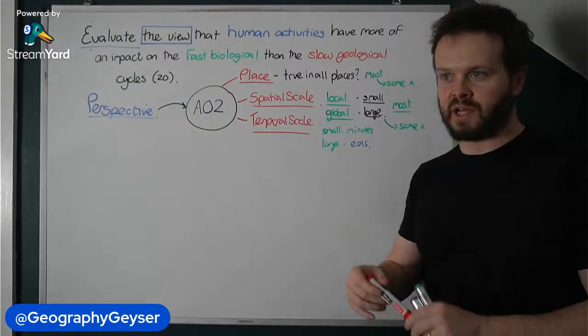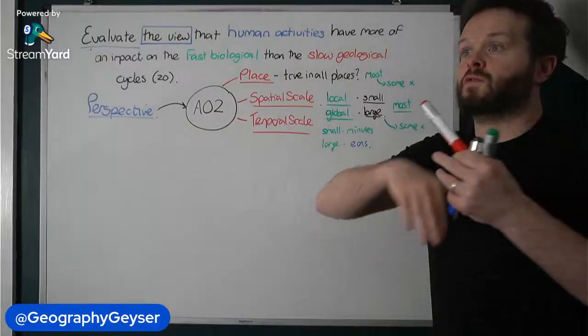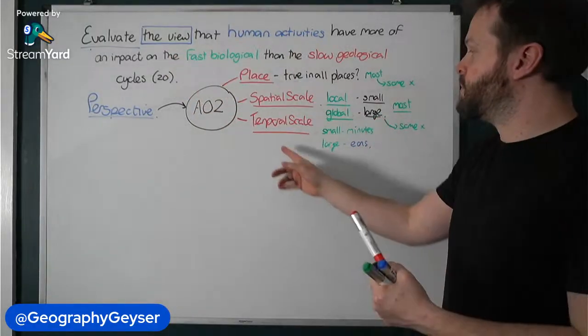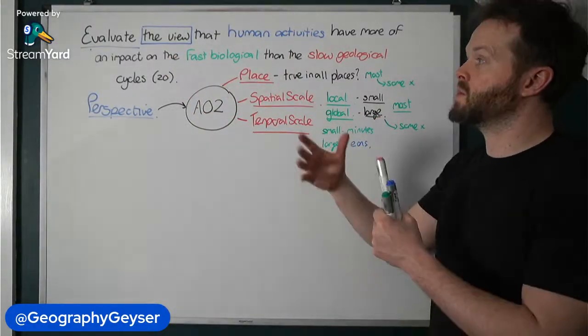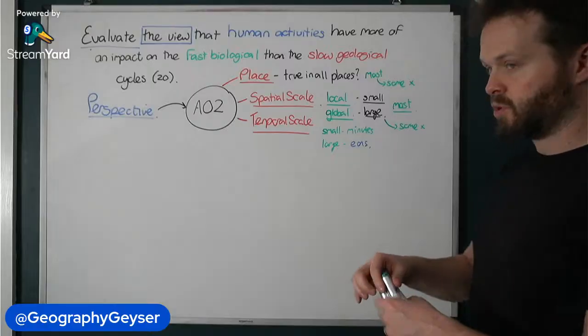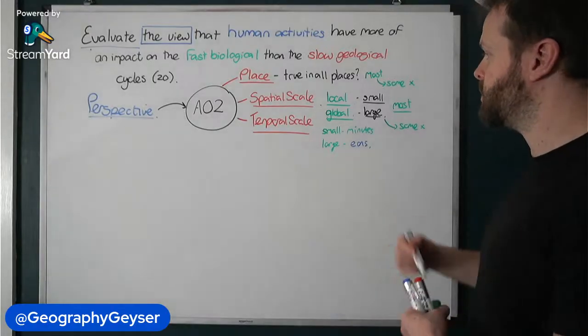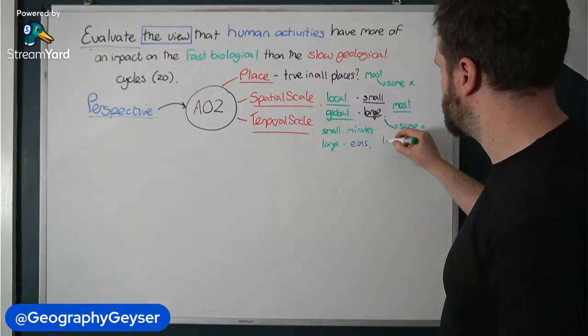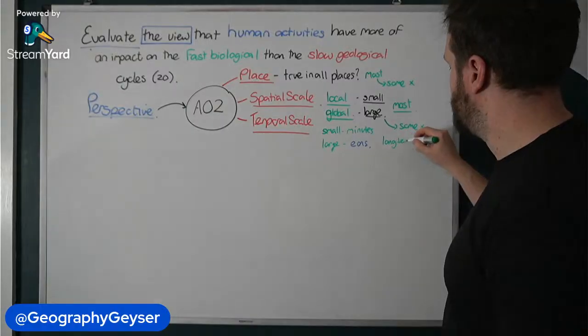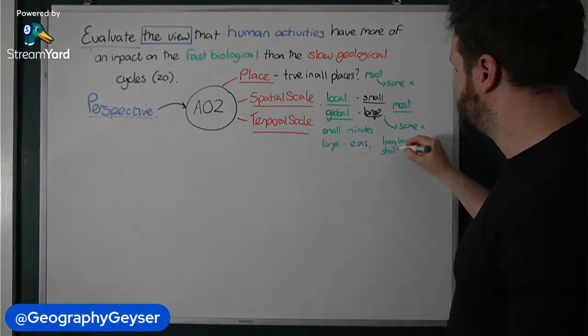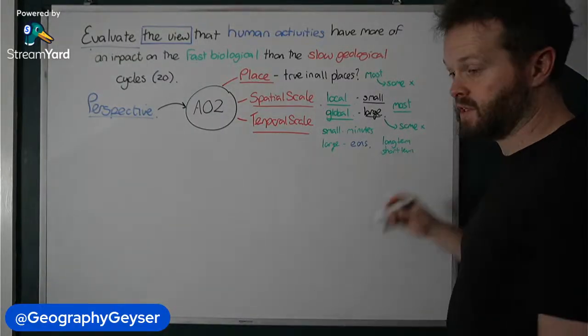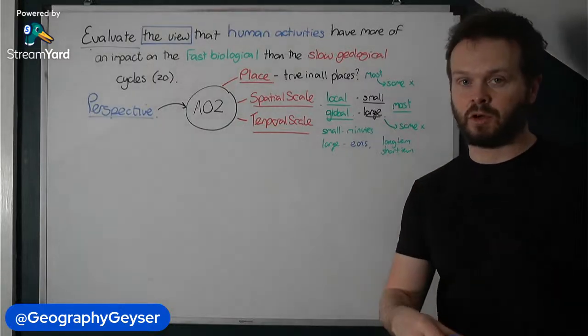Over longer time periods, over the long term, short term, that's your temporal scale. So once again, is our viewpoint true? Well, our viewpoint is potentially true over the long term, but in the short term, it may not be true. Give an example of both of these timescales.